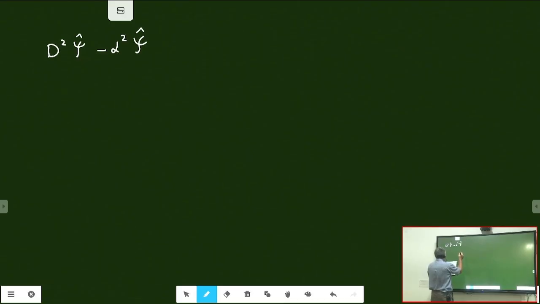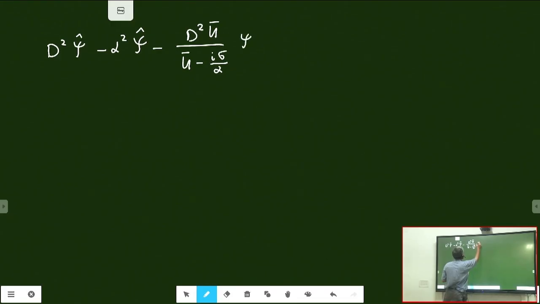D squared psi hat minus alpha squared psi hat minus d squared u bar divided by u bar minus I sigma divided by alpha, multiplied by psi hat, and that is to be equal to zero.